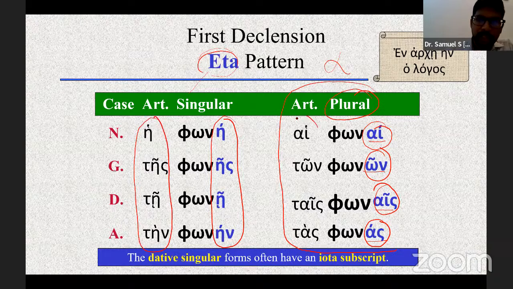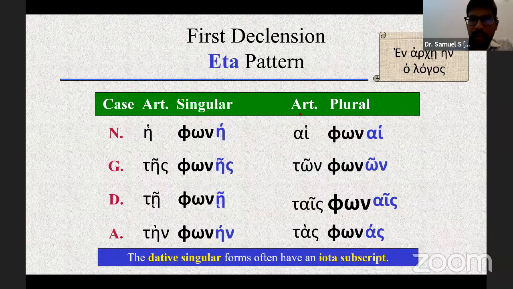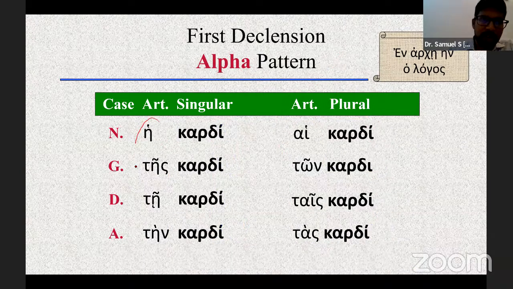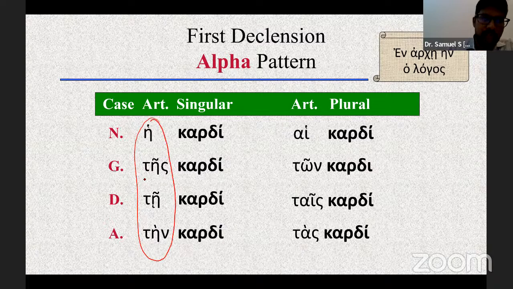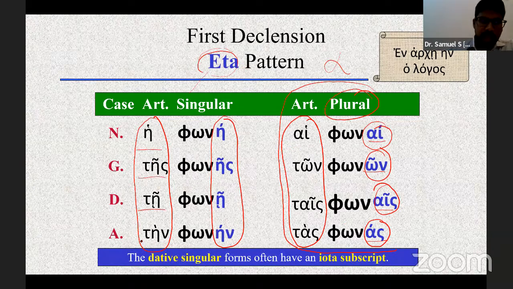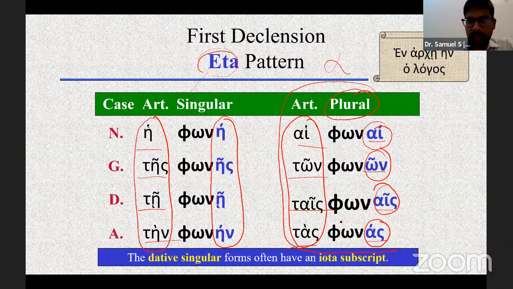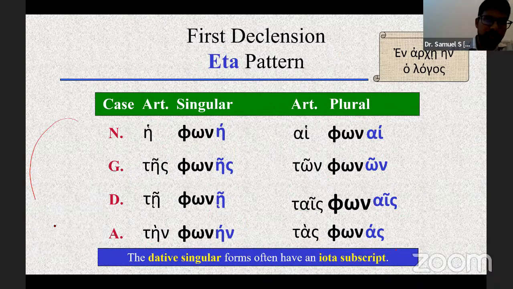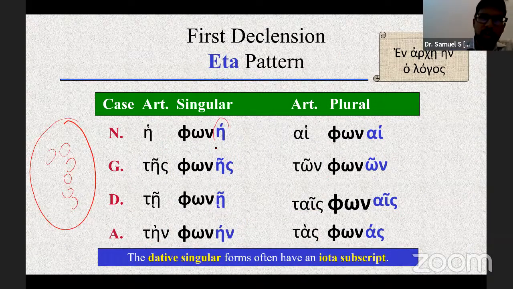The feminine article here, even in the alpha pattern, same feminine article, no change. Tes, ten, ai, ton, tais, tas. This is why the eta pattern and the alpha pattern are in one group. Because there is change, but the change is only in the singular and it's minimal.